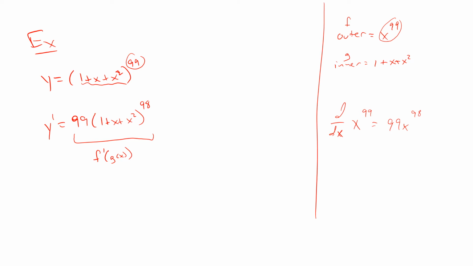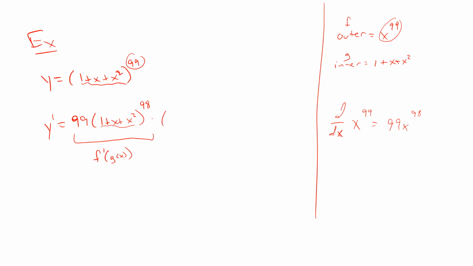So I did the power rule, 99 times that stuff raised to the 98th power, and then I have to finish the chain rule by multiplying by the derivative of that stuff. That's the derivative of the inner function. What is the derivative of the inner function?